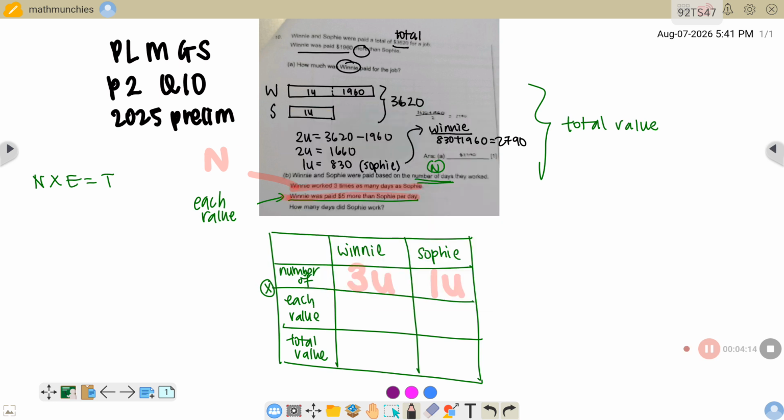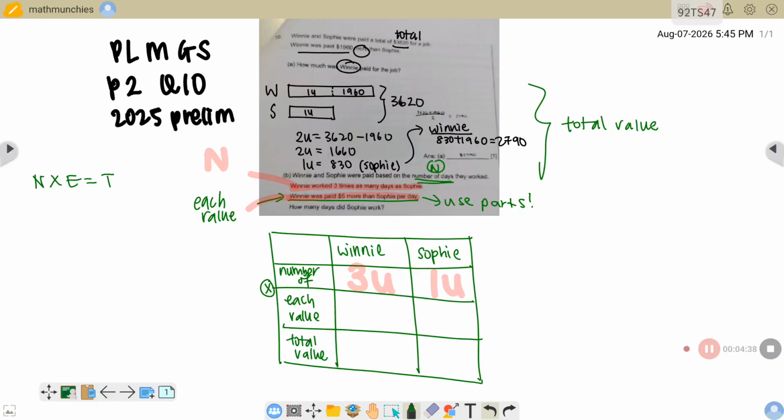This is the each value, which is different from the number. Is this the same story as the previous statement? No, so we cannot use units anymore. You must use parts. Understand? Before I continue, copy everything first into your notes.